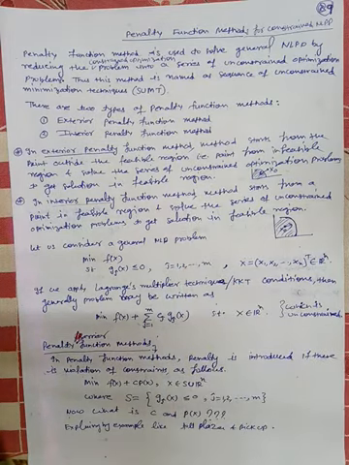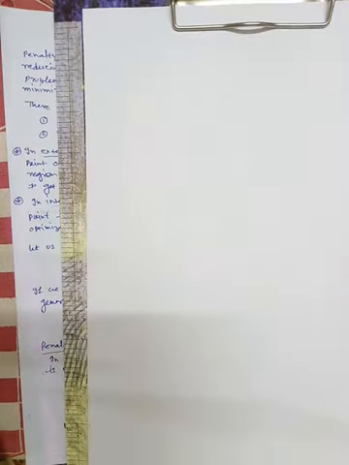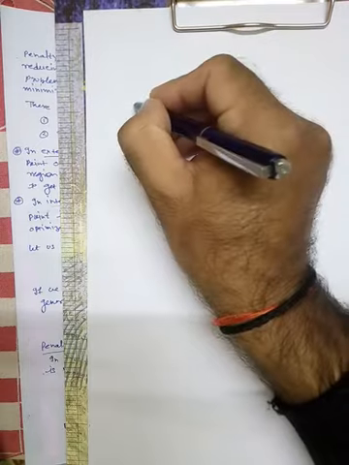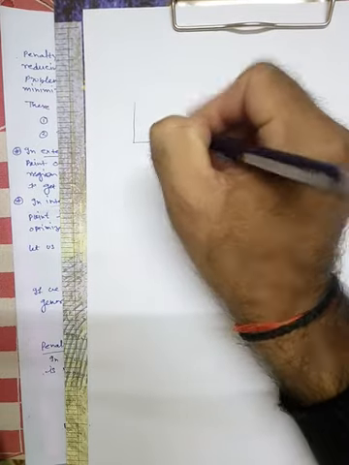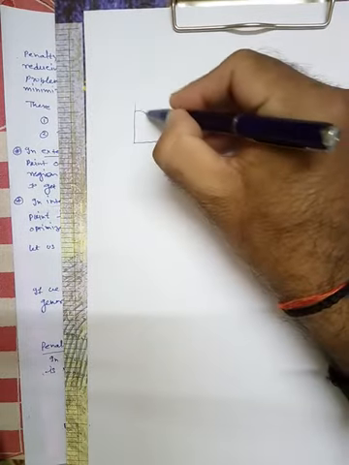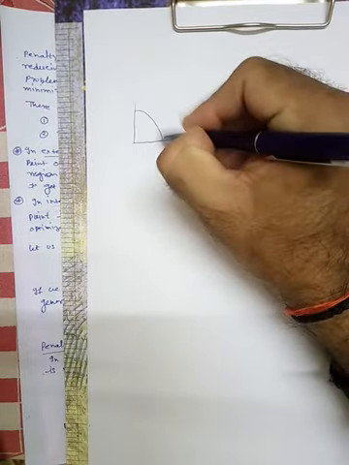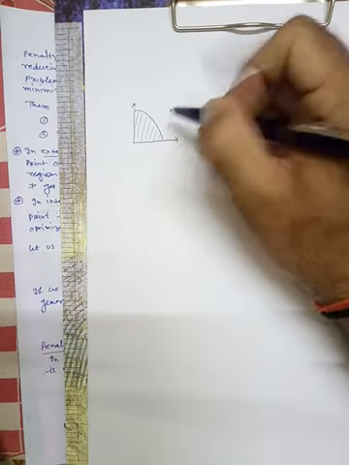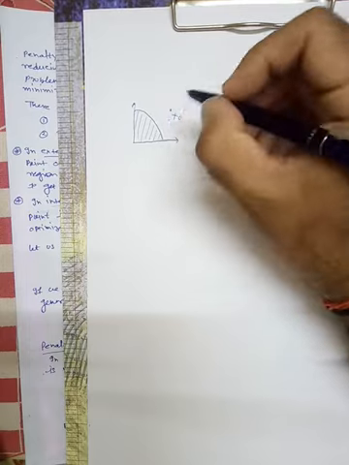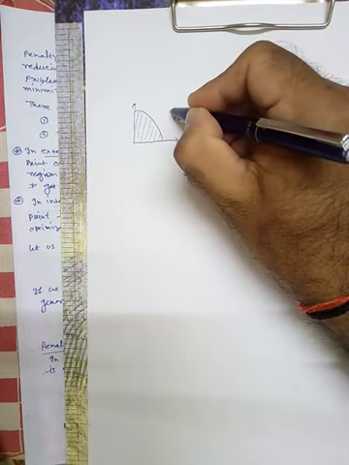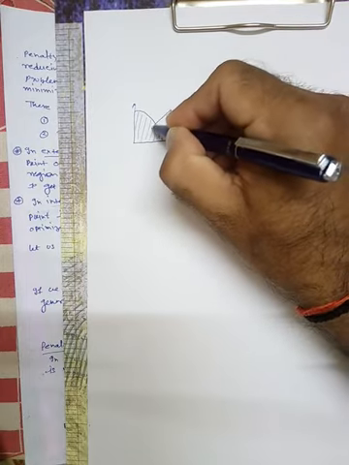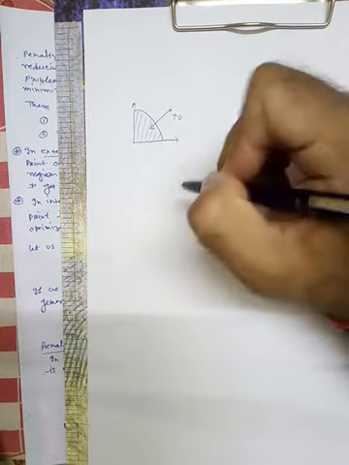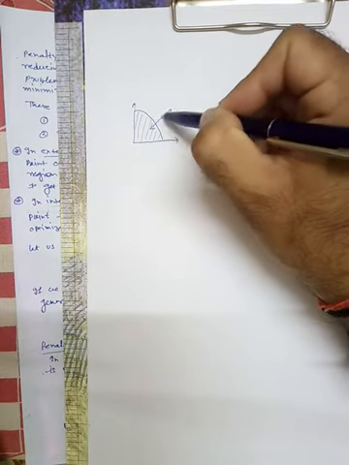Suppose this is the feasible space, the shaded part is the feasible region. Here we will select the point x0 as the starting point outside, and then slowly we move in this direction.